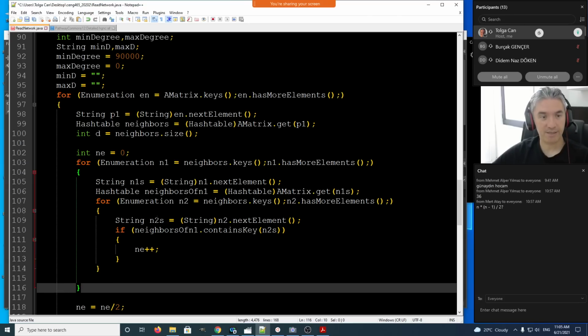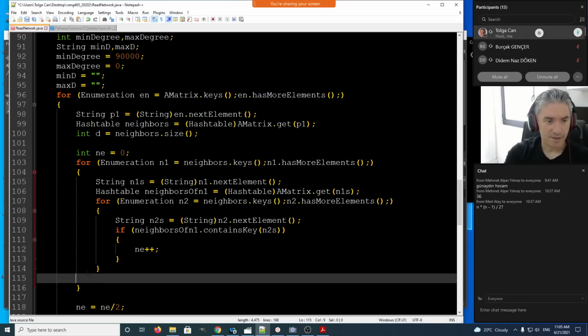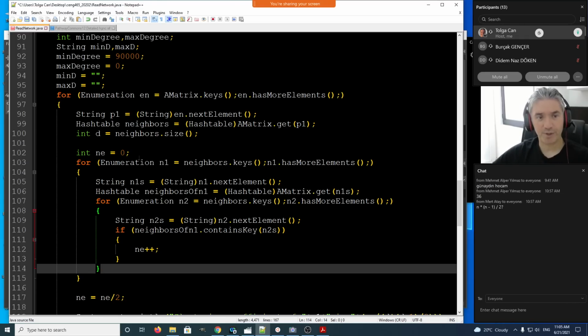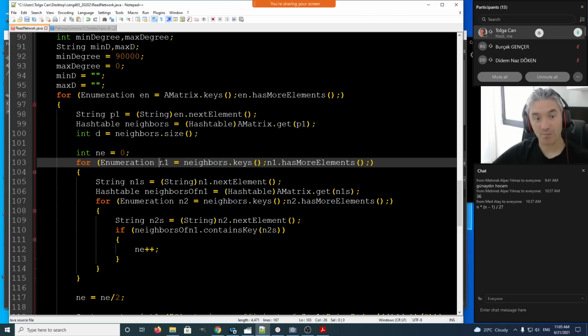So I will also upload this updated version on OptiClass too, but if I didn't make any mistakes, what I just did was for every protein P1, I get its neighbors, and I look at every pair of its neighbors, which is accomplished by these two loops. First I go over every one of the neighbors one by one, which I call neighbor 1.